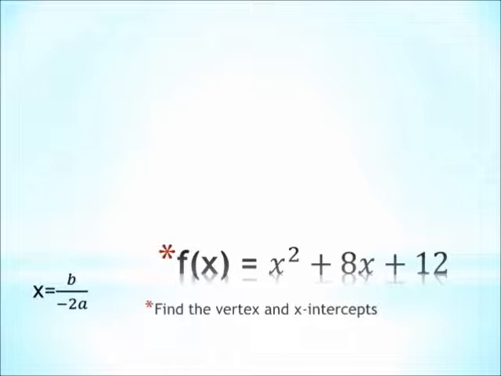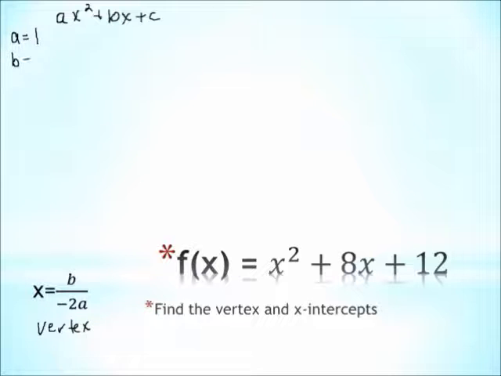Now let's talk about vertex and intercepts. The formula that you see here is going to help us begin to find the vertex. It's actually negative b over 2a, but it doesn't matter how it's written there. It's very similar. You want to recall that our quadratic is ax squared plus bx plus c. So we want to identify in our equation what a is.